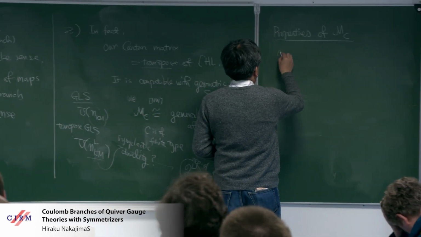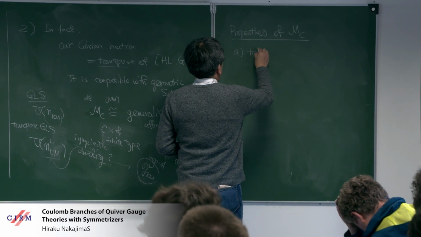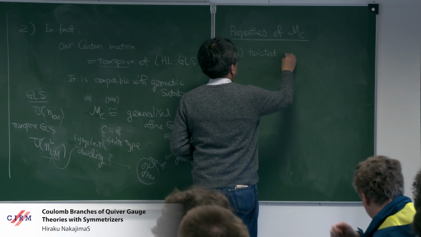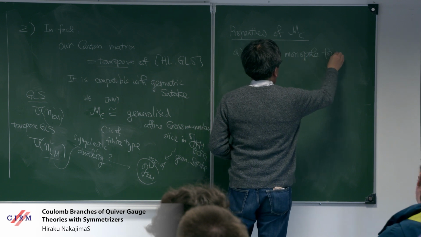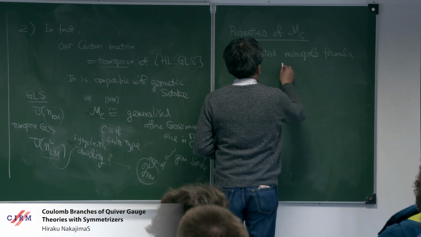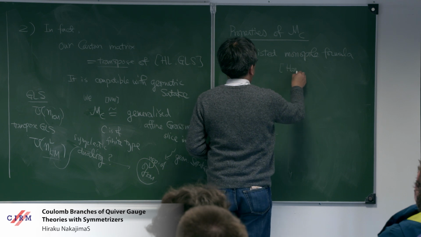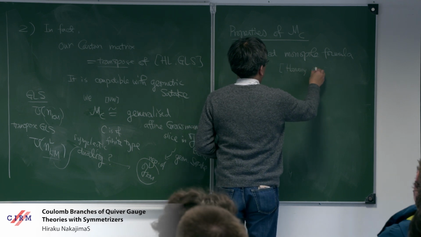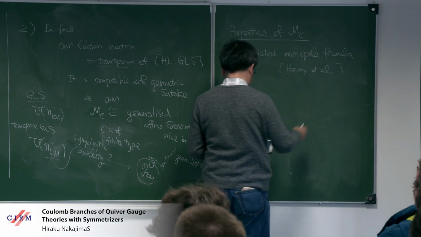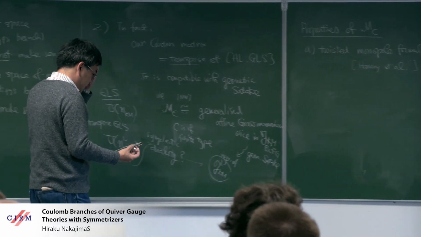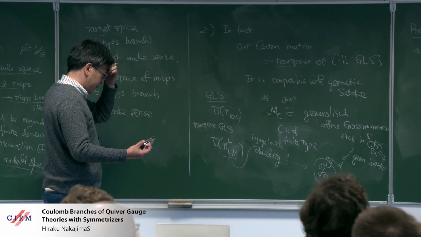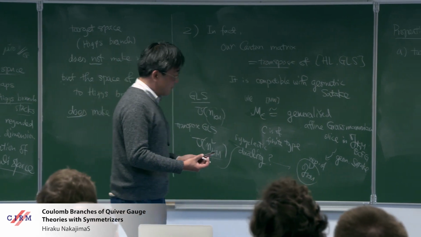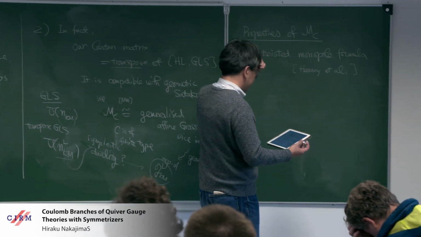So the first one is the so-called twisted monopole formula. This is due to Hanany and others. It's a kind of consistency check for our definition, whether it is correct or not.